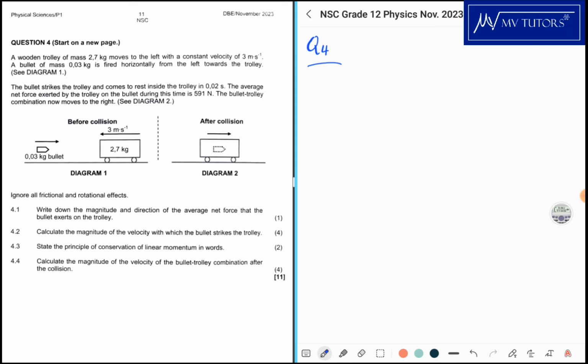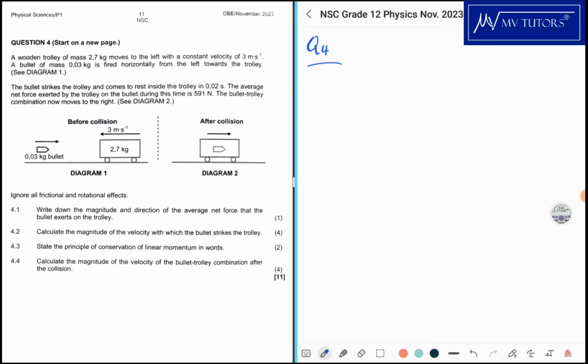That bullet, as tiny as it is, comes in with such a high velocity that it will cause the trolley to move in the opposite direction. The bullet strikes the trolley and comes to rest inside the trolley in 0.2 seconds. The average net force exerted by the trolley on the bullet during this time is 591 newtons. The bullet-trolley combination now moves to the right.